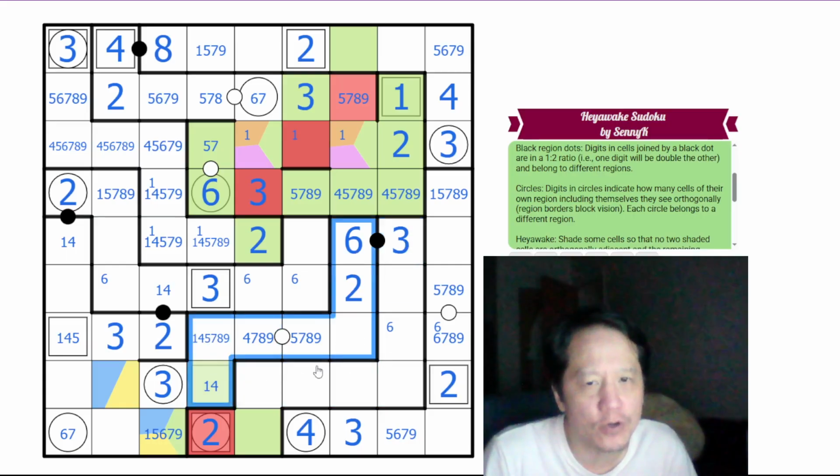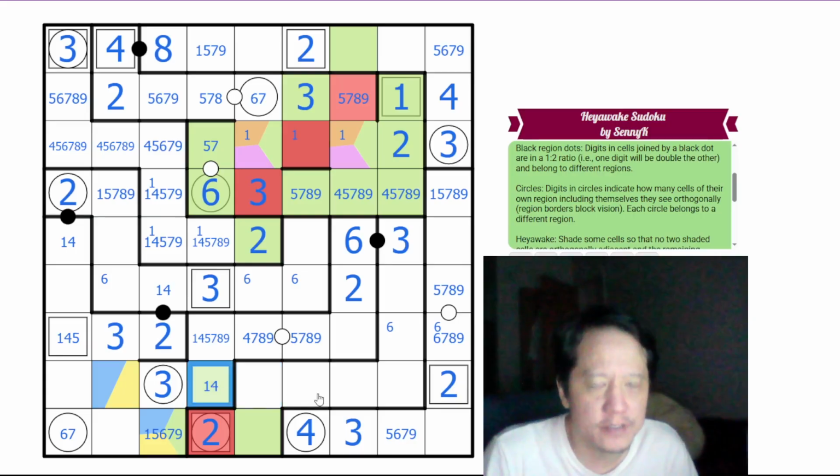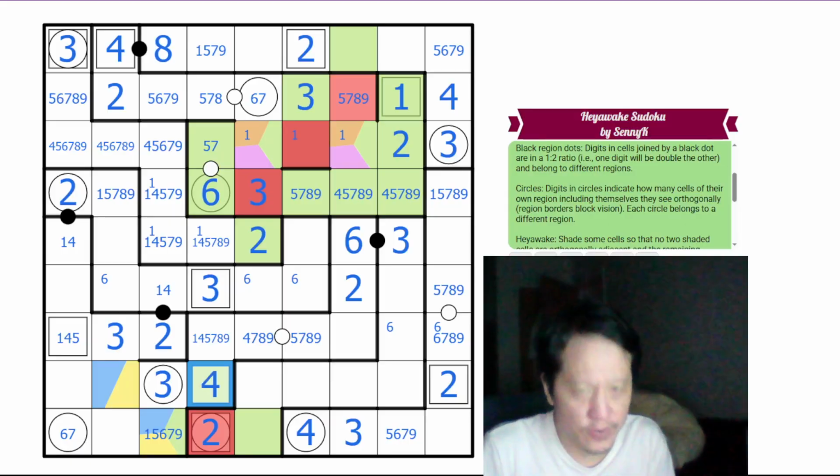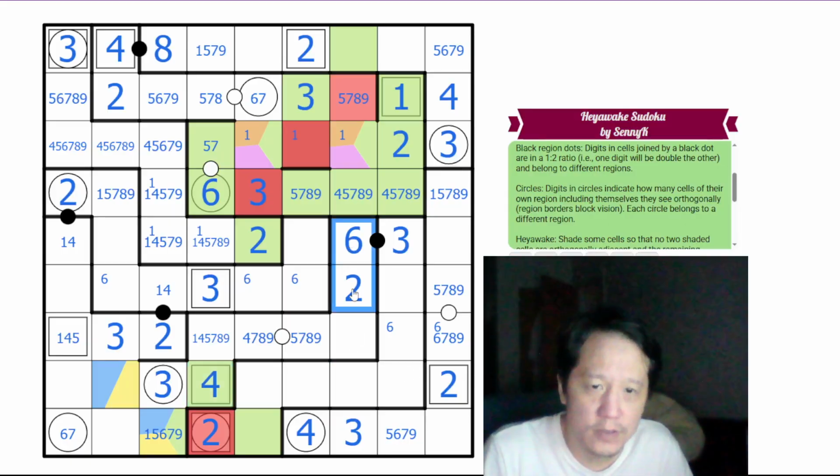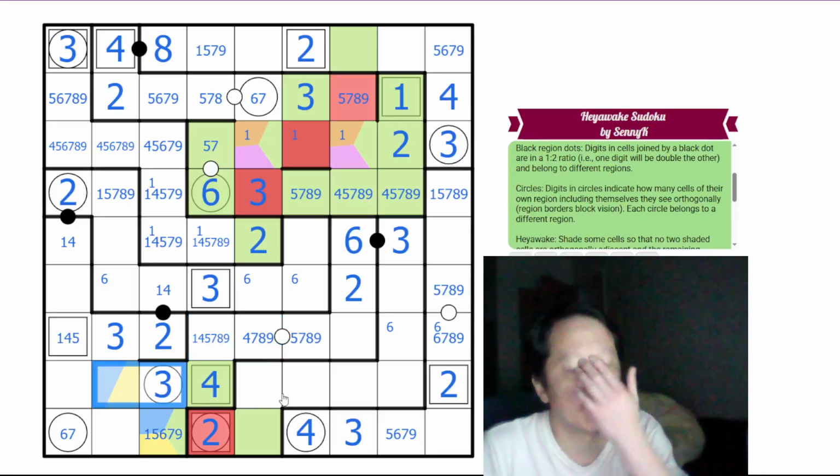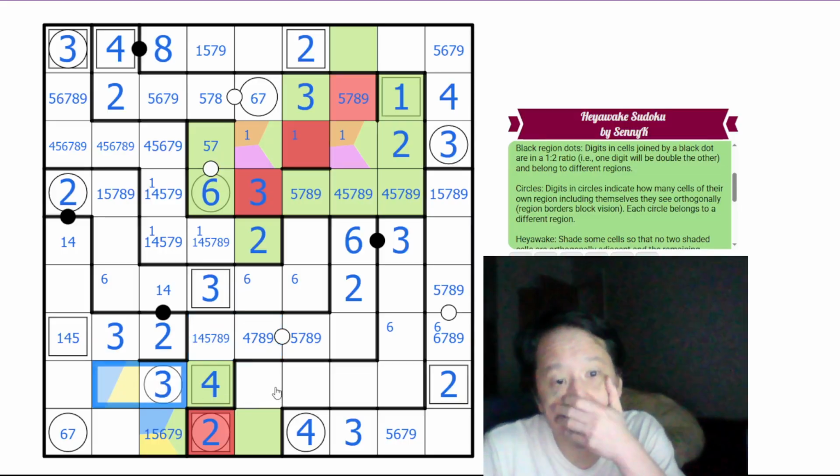1 or 4 here. Can this actually be 4 is kind of a question. We have 4 here. So we have 1 there, 2 here, 3 here. And you'd have 4 there. Right?